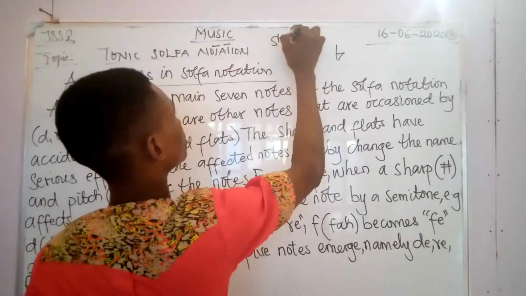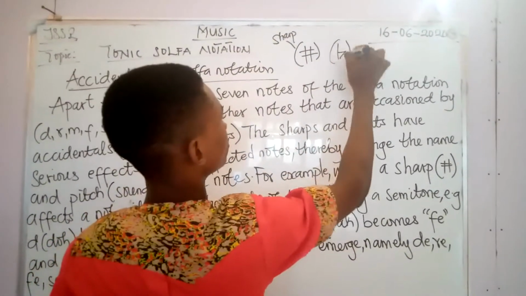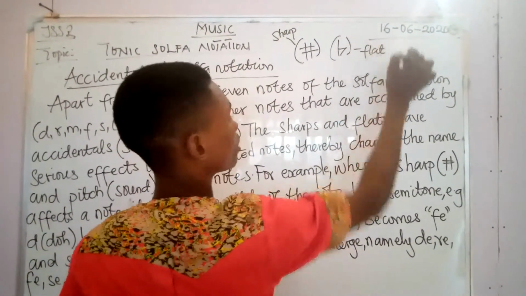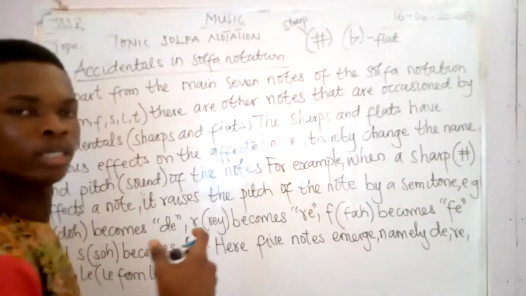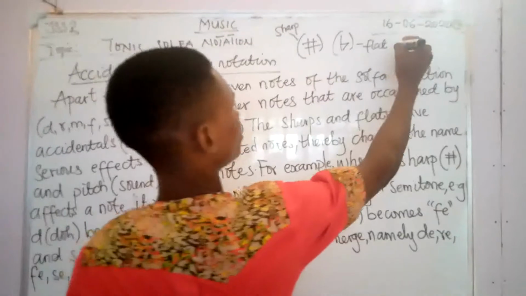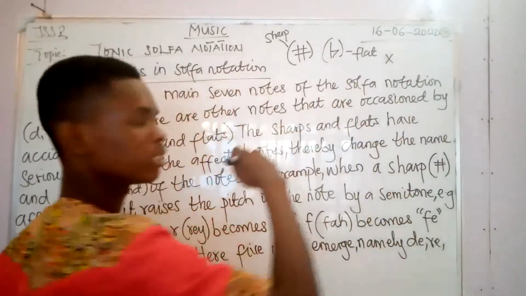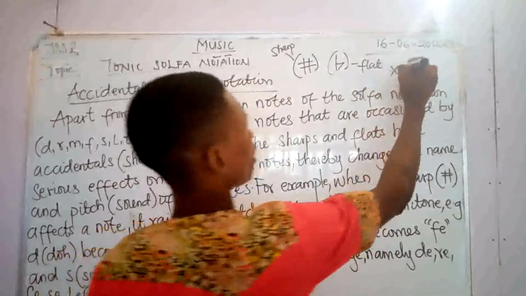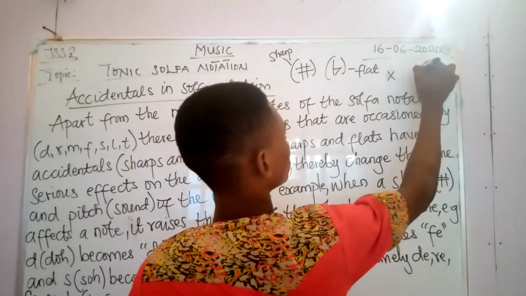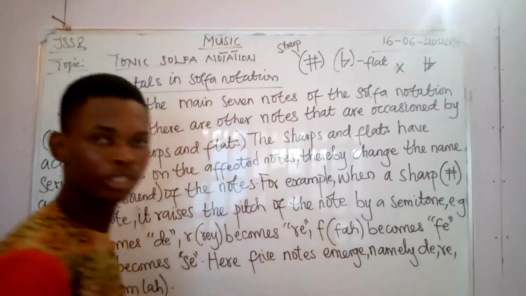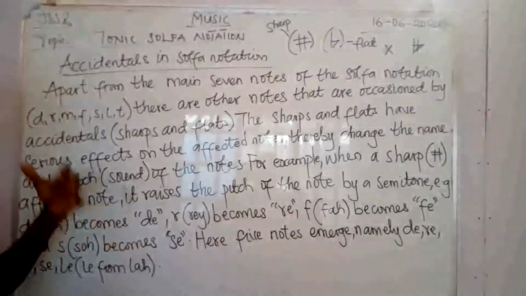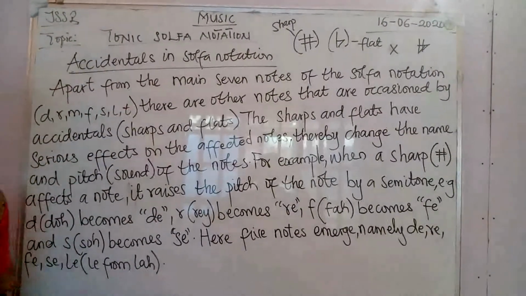The sharp increases by a semitone, and then there's a flat. It decreases by a semitone also. We have the double sharp, which looks like this. It increases by a tone. Then the double flat decreases by a tone.